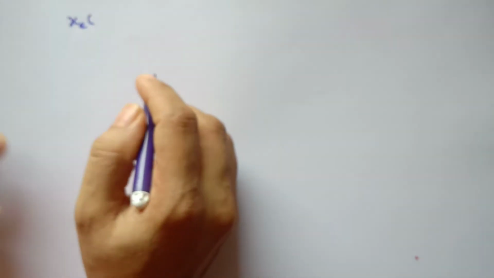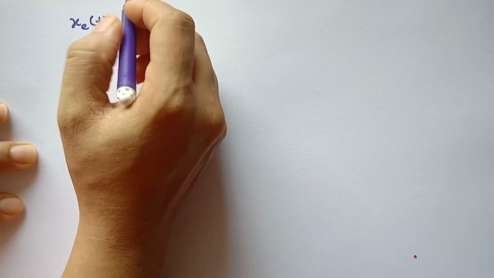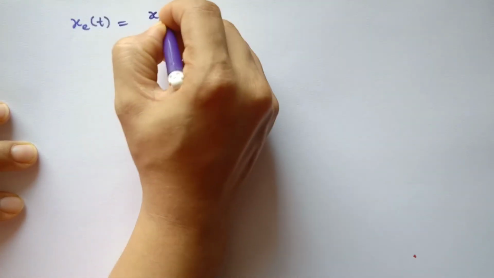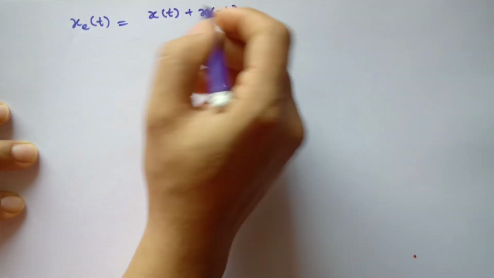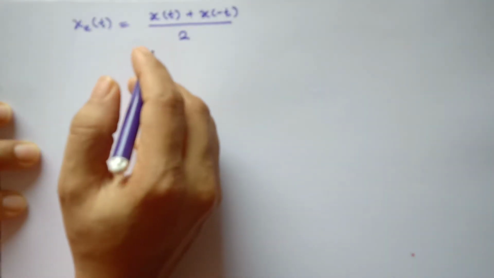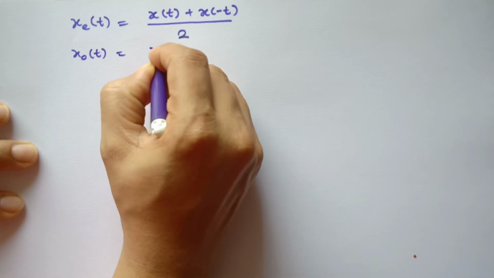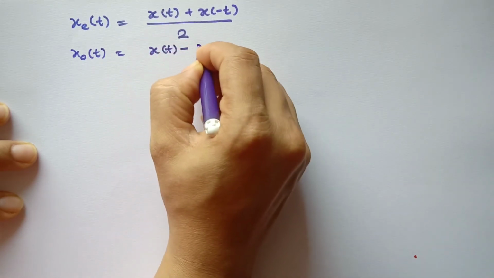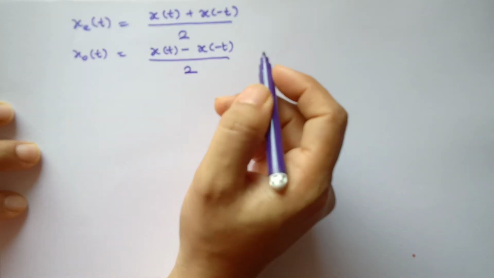Finding the even part, let us say in the continuous time case, x even of t is equal to x of t plus x of minus t divided by 2, and x odd of t is equal to x of t minus x of minus t divided by 2.